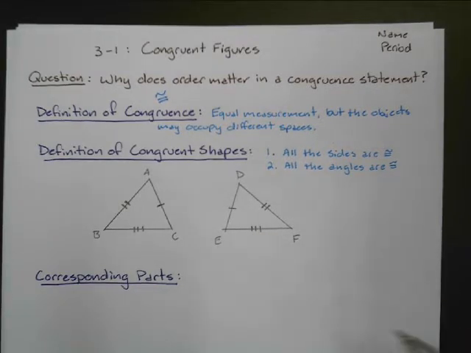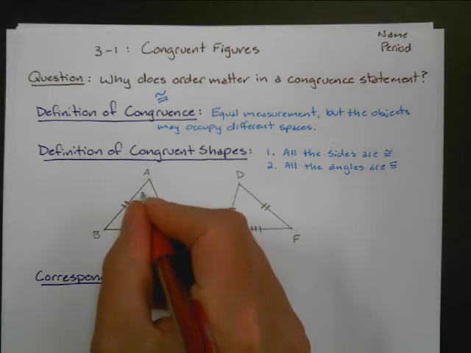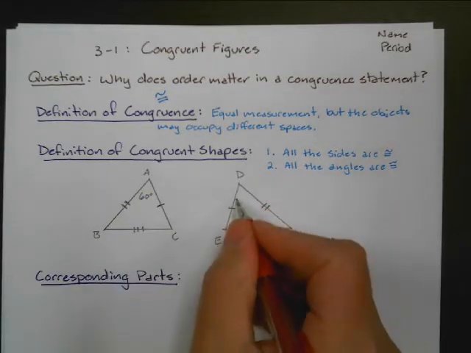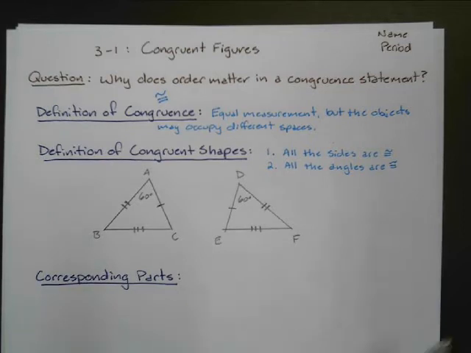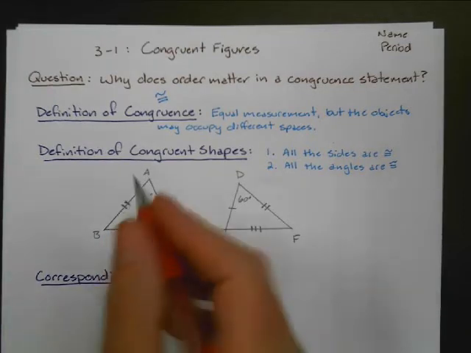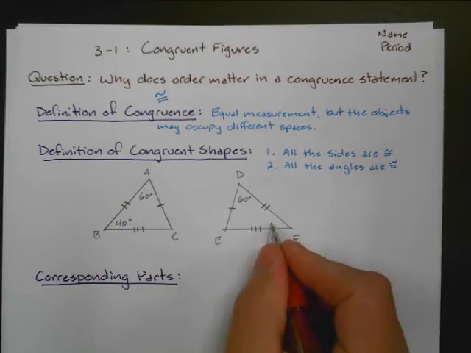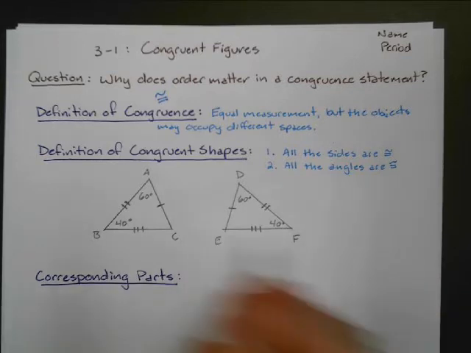All right, so let's say that that happened. And let's say this angle up here is 60 degrees. And then I'm going to say angle D is also 60 degrees. So those two angles are exactly the same. And then let's say this one is, I'm just making up stuff here, 40 degrees. And let's say that F matches that one. And then what am I left with? 80 degrees.